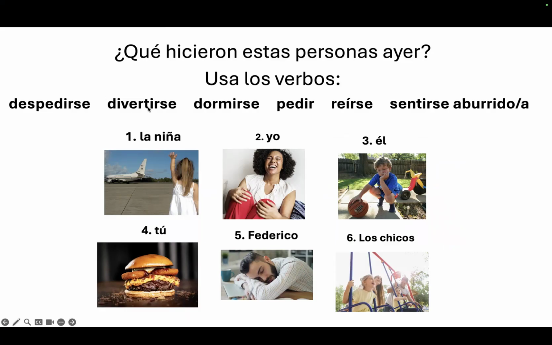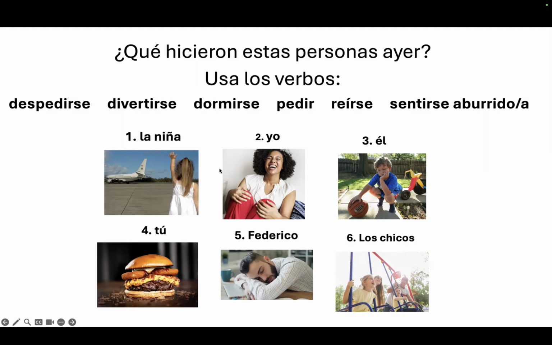Divertirse, to have fun. Dormirse, to fall asleep. Pedir, in this context, that's to order something at a restaurant, but pedir also can mean to ask for something, like permission, for example, to request something, pedir un favor, to ask for a favor, reírse, to laugh, sentirse aburrido, to feel bored.